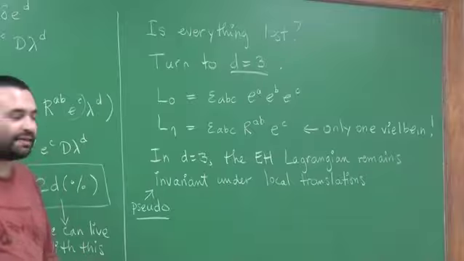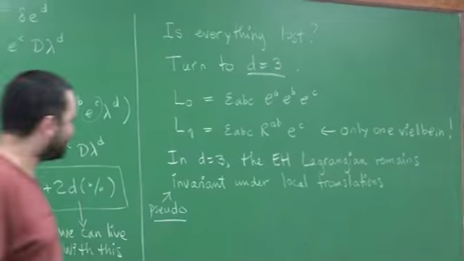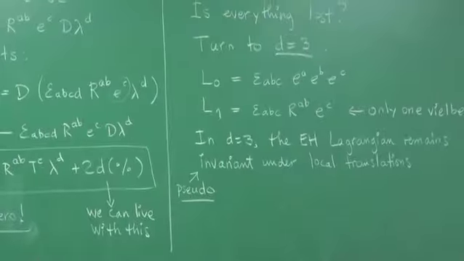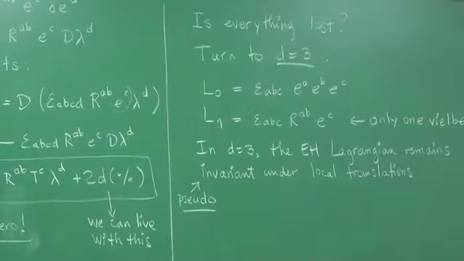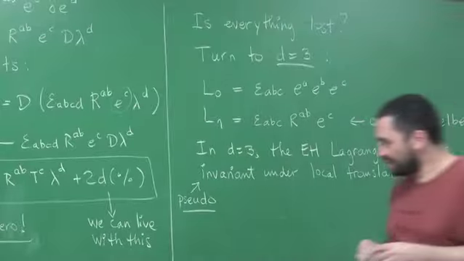Pseudo-invariant because the total derivative is still there. But we can live with that. And actually, you can do it a little bit better if you combine these two Lagrangians into one.